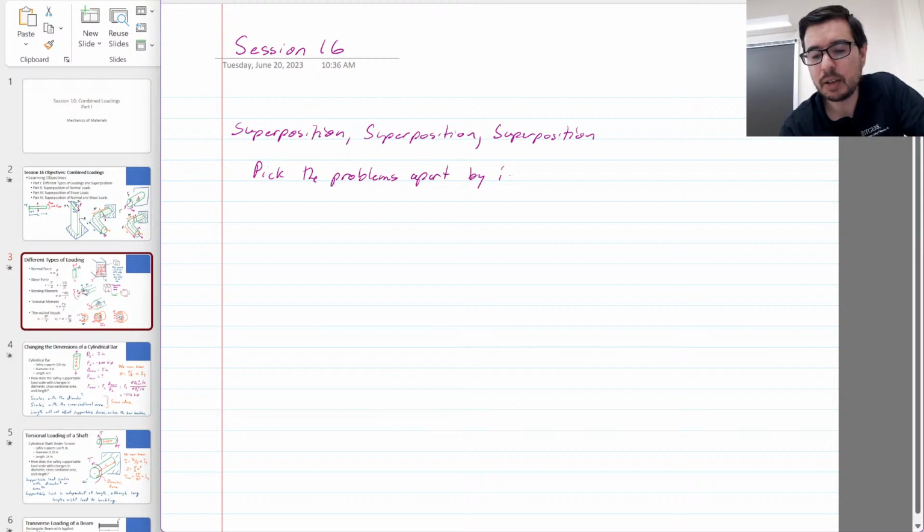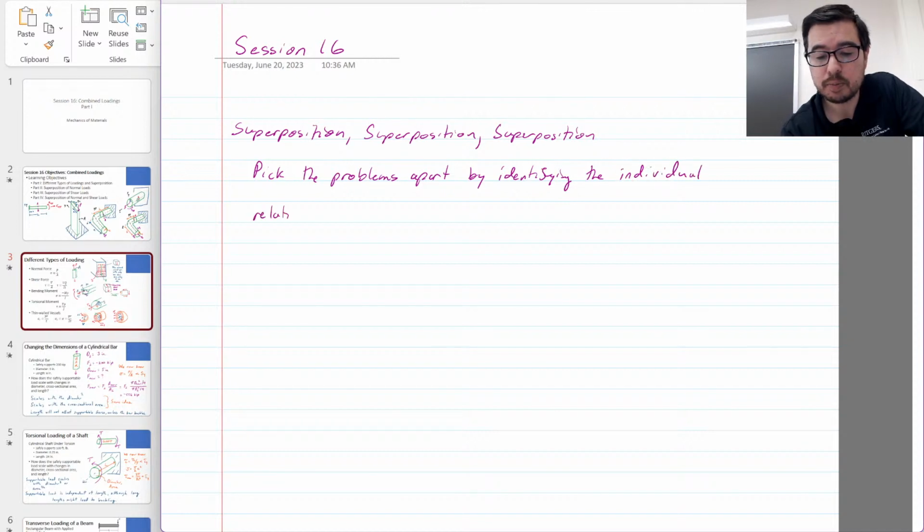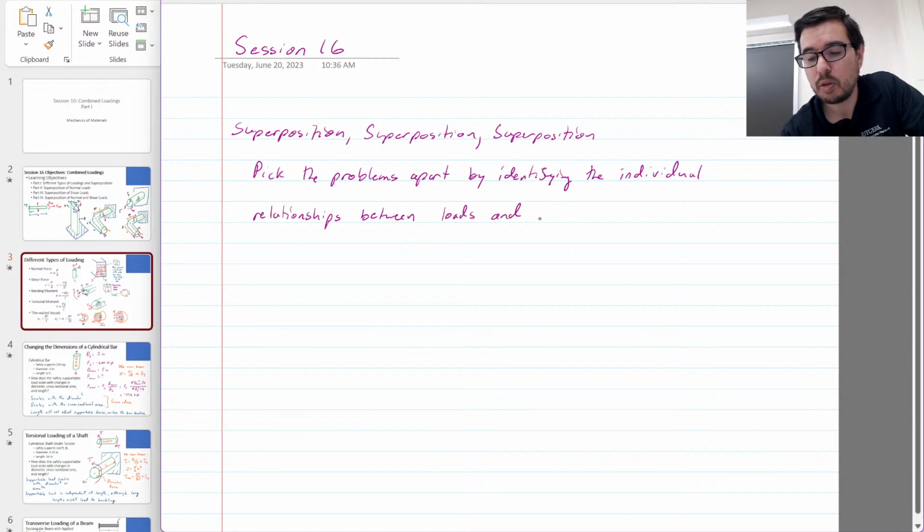by identifying the relationships, and I guess I'll say by identifying the individual relationships between loads and stresses.